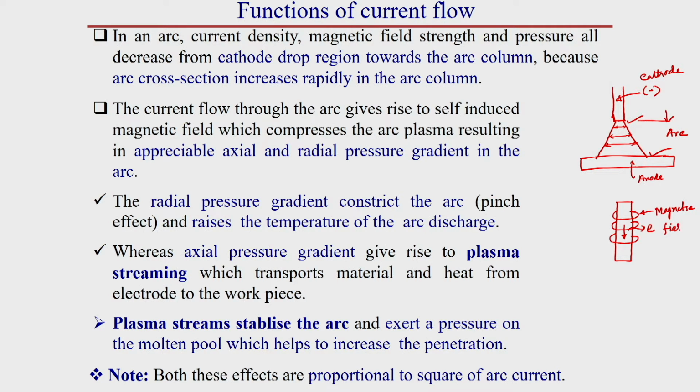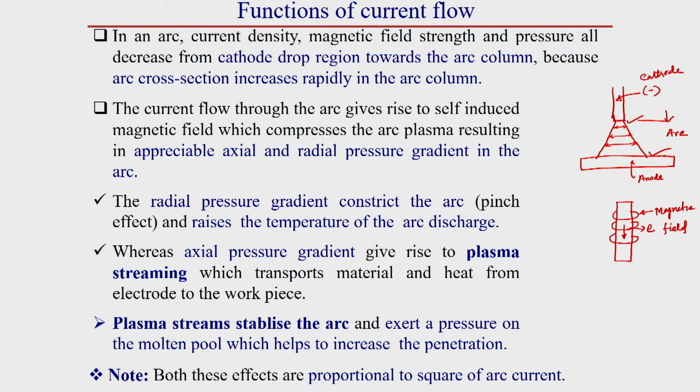Due to this current flow, a magnetic field generates around the electrode, or around the conducting medium. Here also there is continuous flow of current through the arc, so some magnetic field will be generated through the arc.